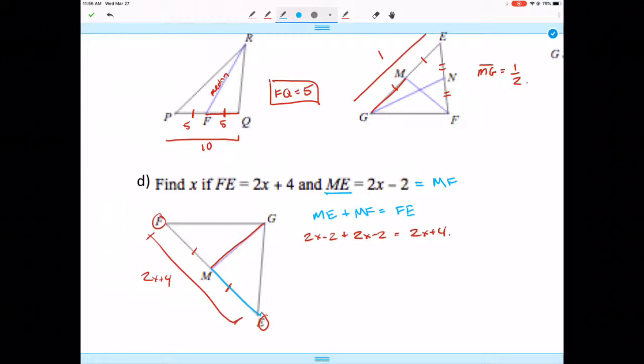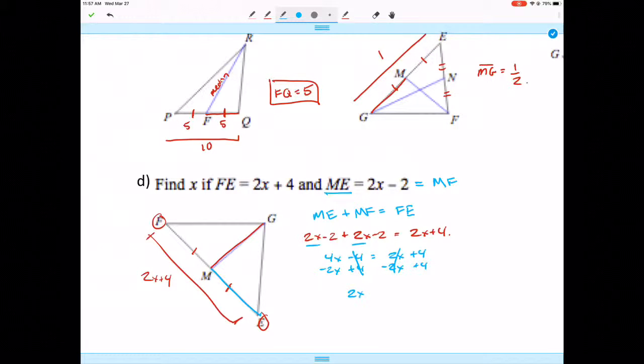Combine like terms. That'll give us 4x minus 4 equals 2x plus 4. All right, and then we could add 4 to both sides. That would cancel, and subtract 2x on both sides.